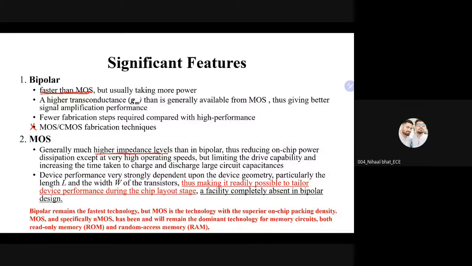So generally they have much higher input impedance levels than bipolar, thus reducing on-chip dissipation. You have already heard that BJTs have more power dissipation, but in MOS you have less power dissipation. Why? Because their input impedance is very high.